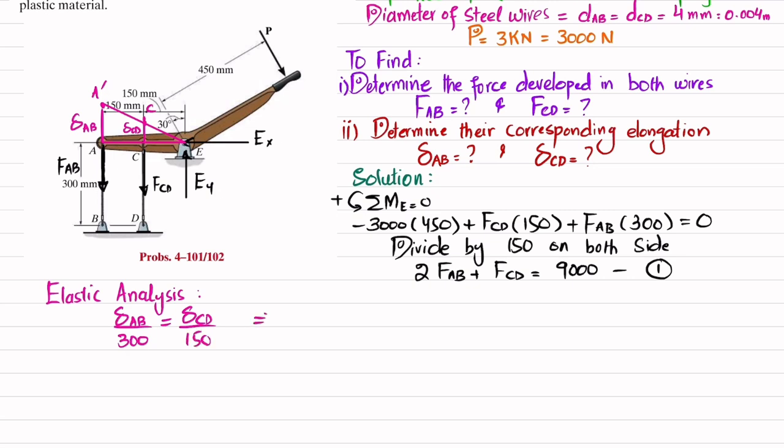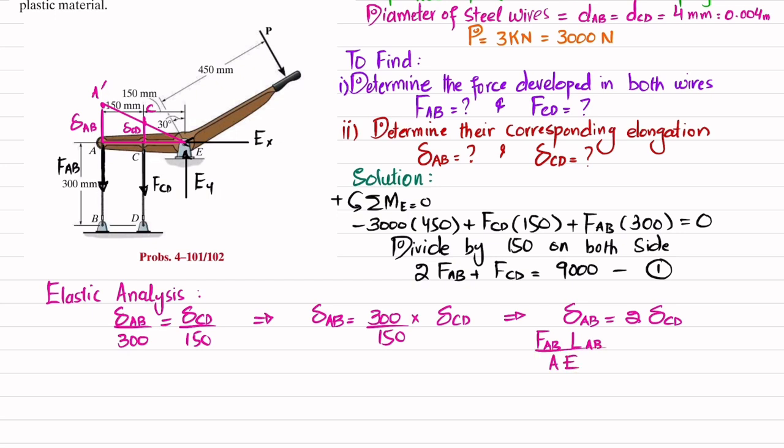From here, delta AB will be equal to 300 divided by 150 multiplied by delta CD. If you further simplify it, the change in length of AB will be equal to 2 times the change in length of CD. Now we know that change in length is equal to force FAB times length AB divided by A times E.